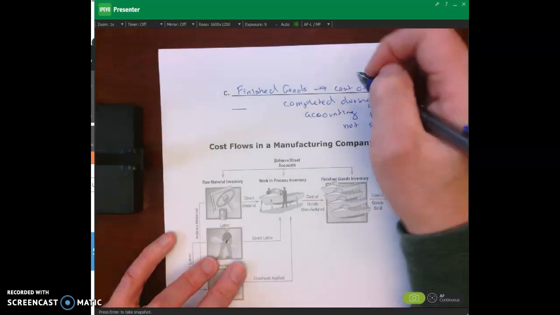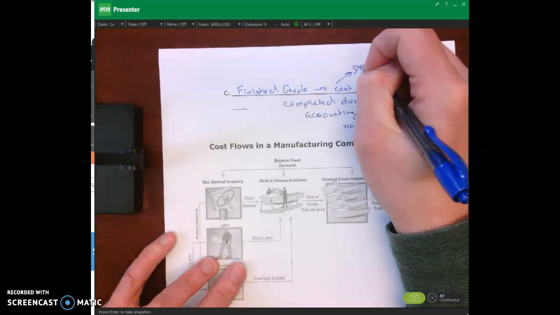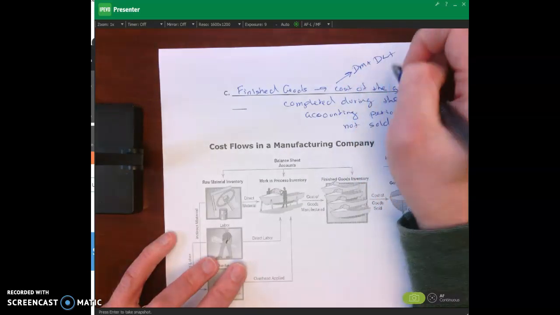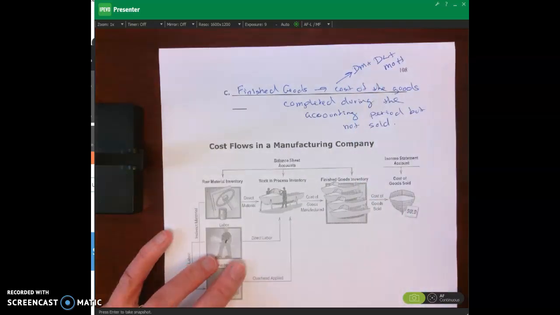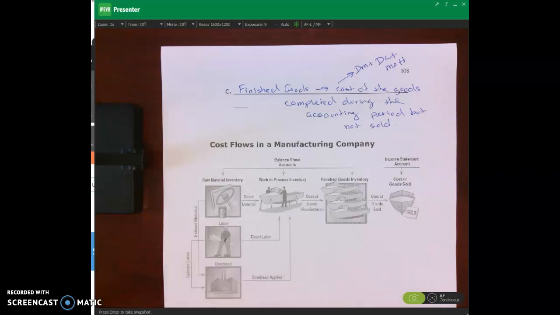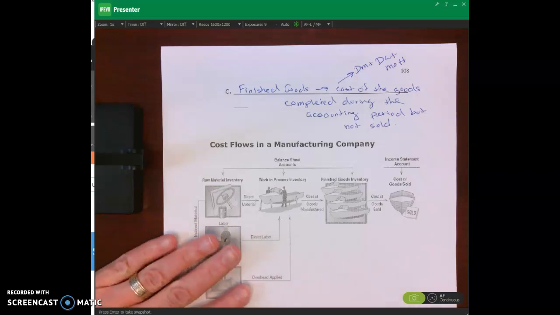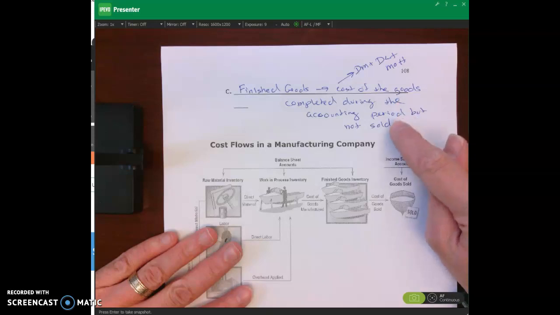And remember what I mean by cost, I mean direct materials plus direct labor plus manufacturing overhead. So the direct materials, direct labor, and then the overhead attached to those goods that we completed but we did not sell during the accounting period.